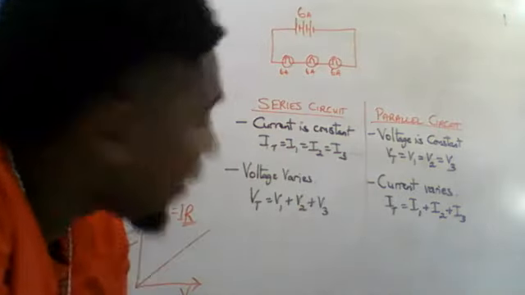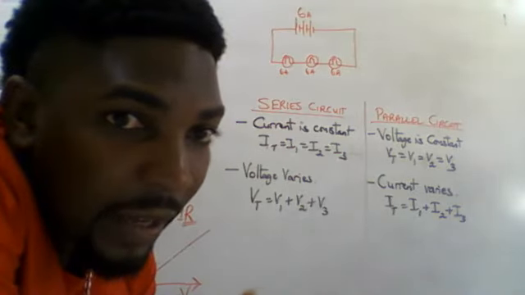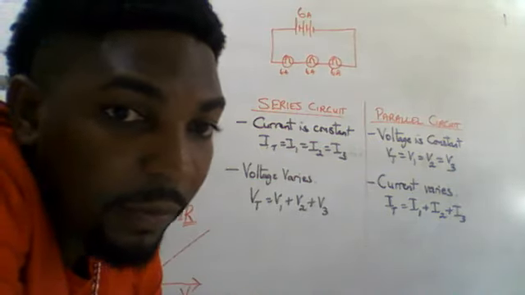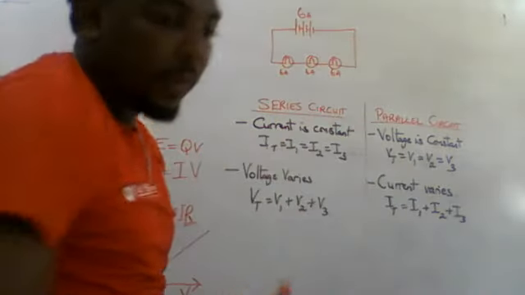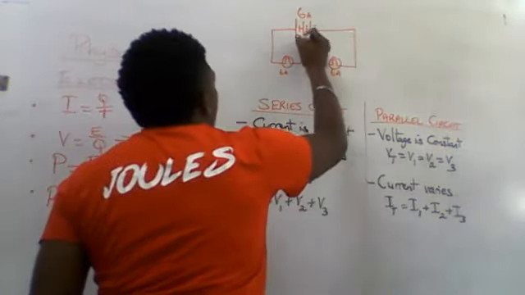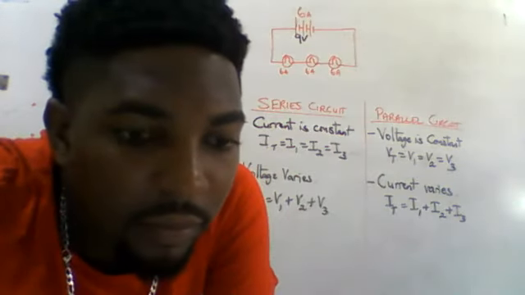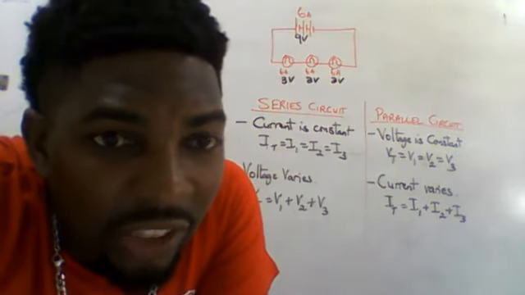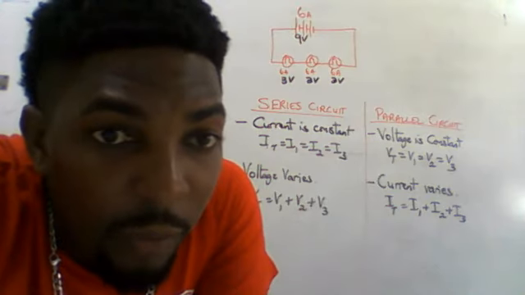So for instance, if our 6 amps of current is supplied there, let's say it delivers 9 volts of voltage. What is happening now is that the 9 volts is actually divided up among the three components in the circuit.